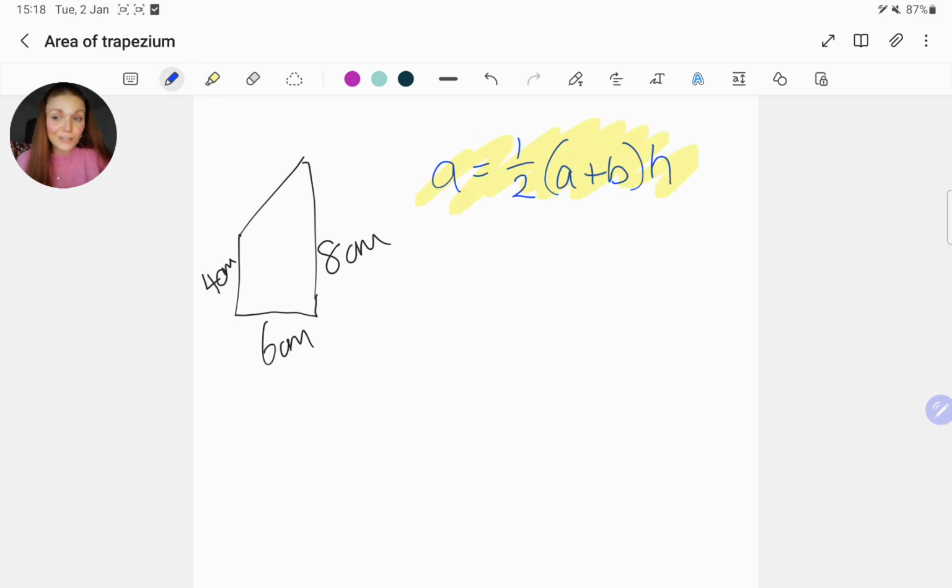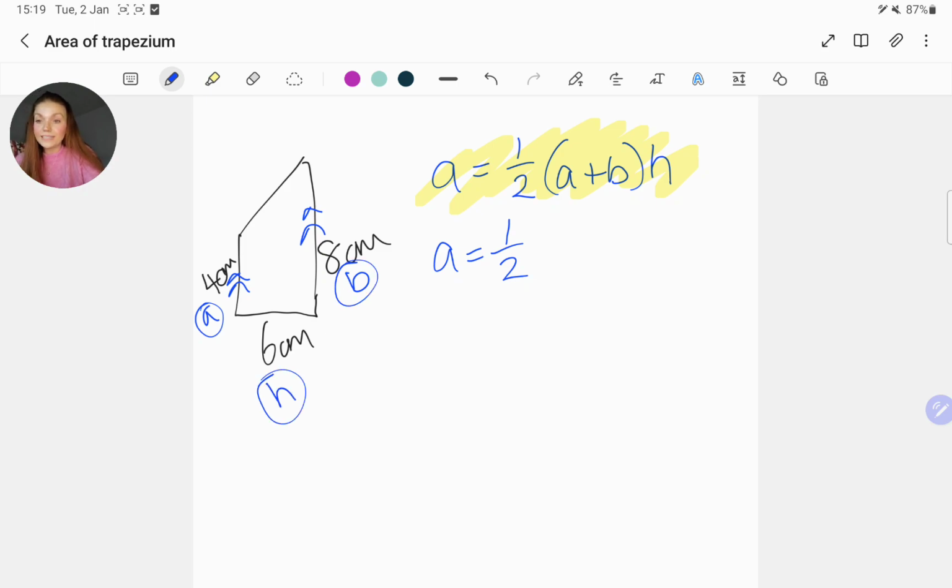A and B are your two parallel sides, and H is the perpendicular. If they were to label this in your exam, that is not going to be the perpendicular height. Remember that perpendicular is when two lines meet at a right angle.